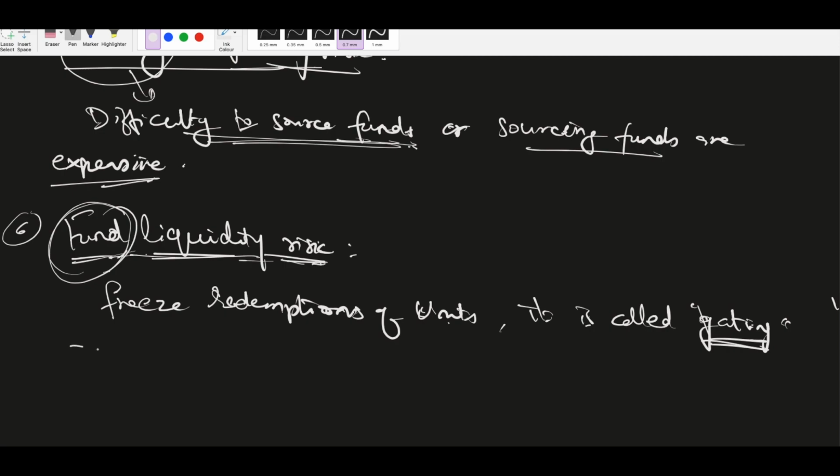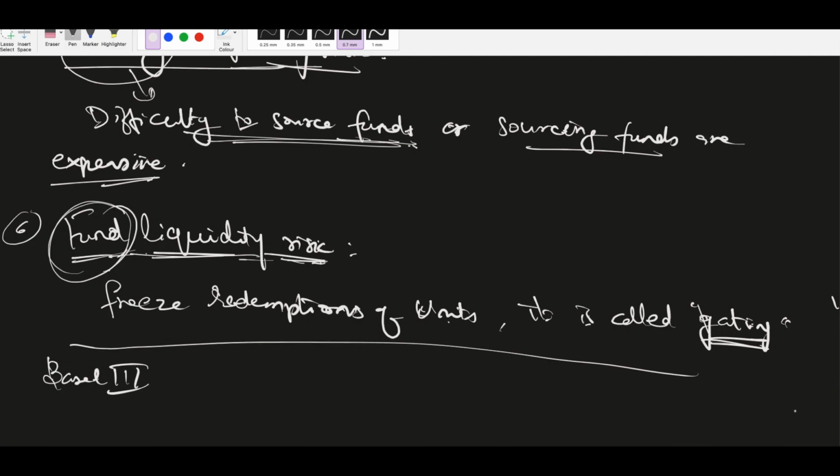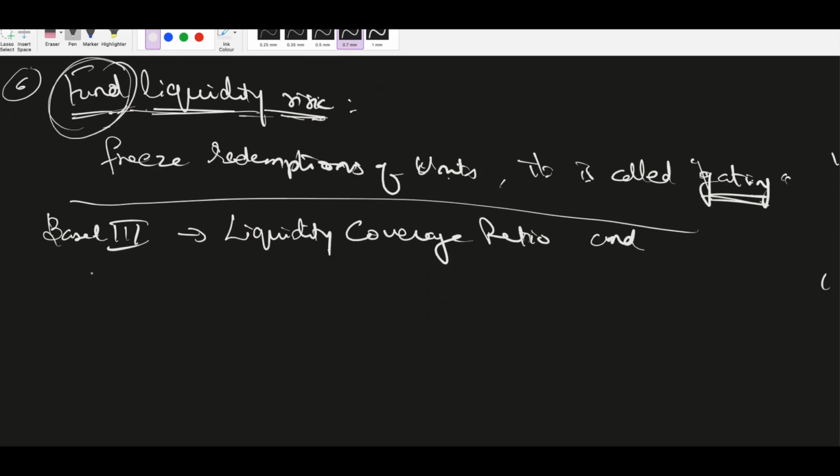Now Basel 3 has also come up with a couple of terminologies. One is the liquidity coverage ratio, and the other is the net stable funding ratio.